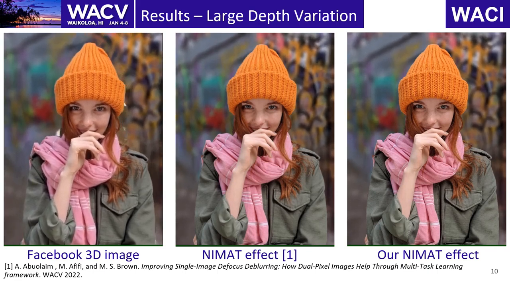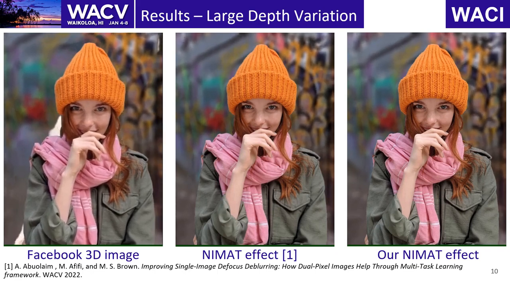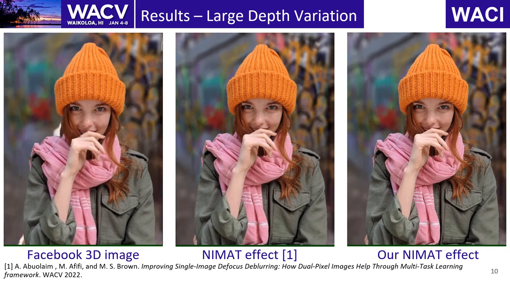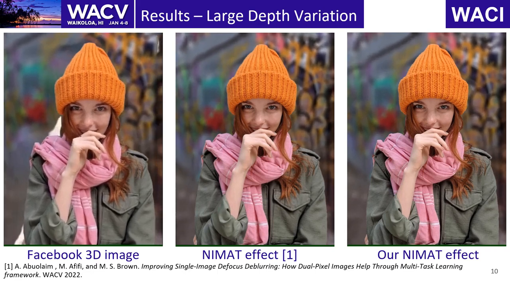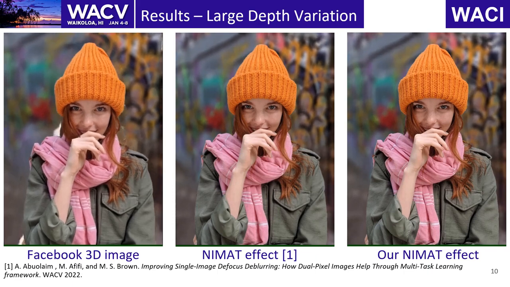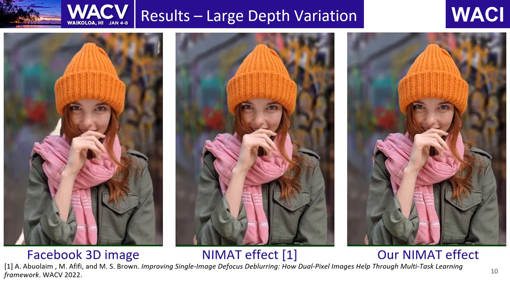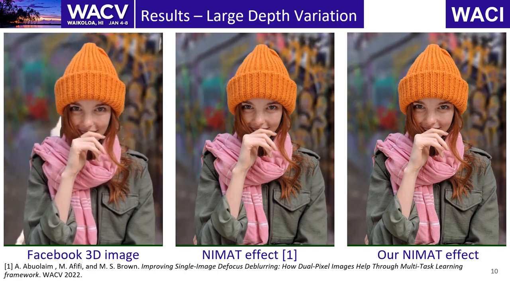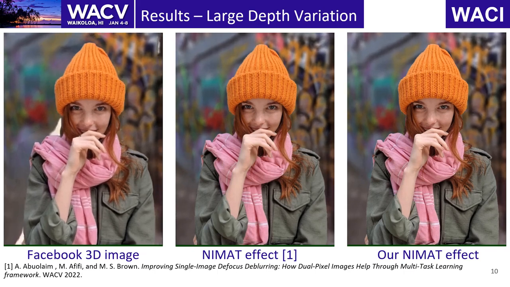In this case, the Facebook 3D image exhibits noticeable and unpleasing artifacts like missing pixels around the foreground boundaries, while the previous dynamite effect produces pleasing image motion. We can still spot a few artifacts that do not exist in ours. In general, our proposed Portrait Plus framework produces smooth motion transition and the dynamite effect with fewer artifacts compared to others. Thanks for watching this video.